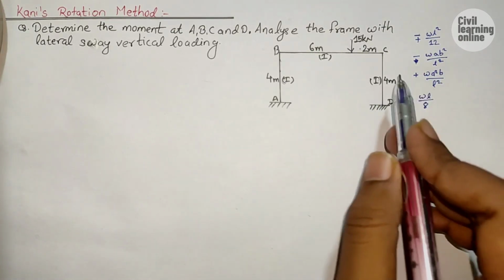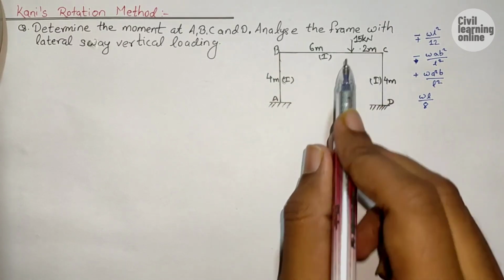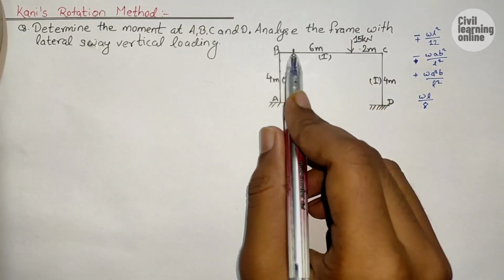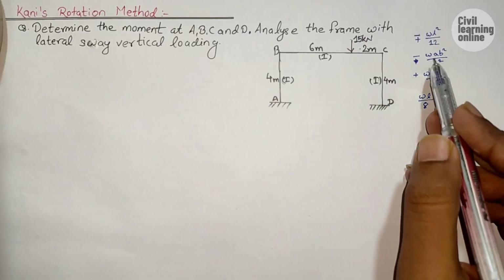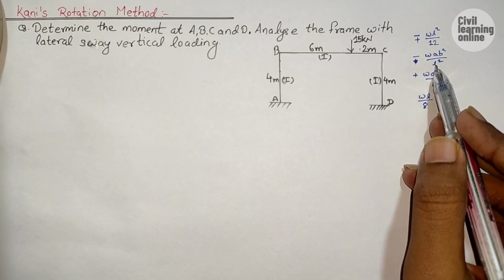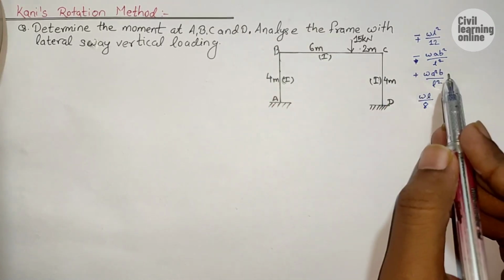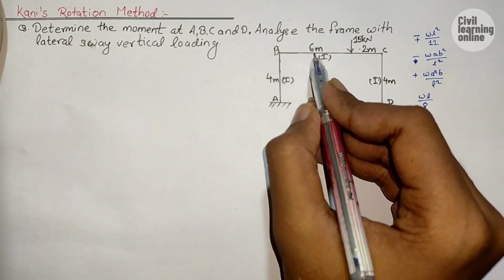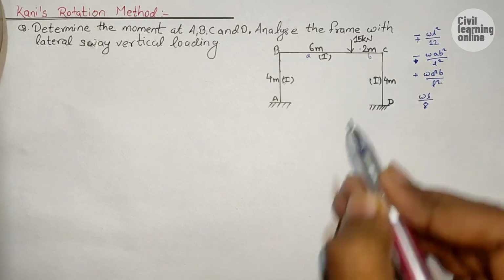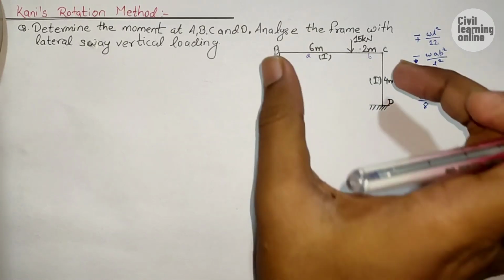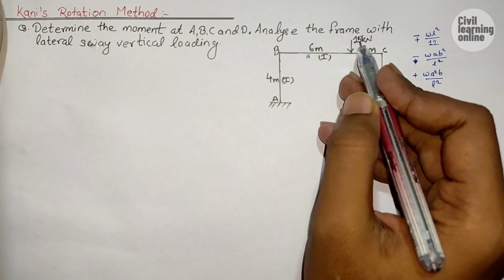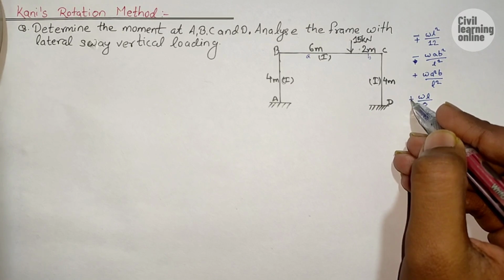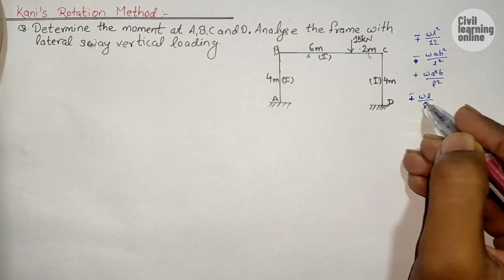If our span is unsymmetrically loaded, that is, here 15 kN is acting away from the center of span BC, in that case we will be using minus WAB square by L square for MBC, and similarly WA square B by L square for span CB, and this is going to be our A and this is our B. And if our span is loaded with a point load at the mid span, then we will be using the formula minus plus WL by 8.